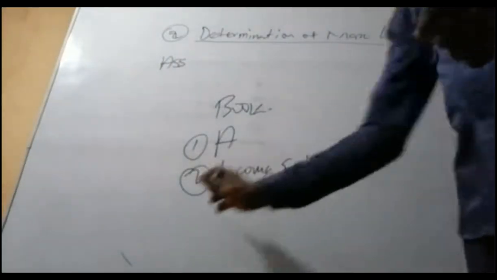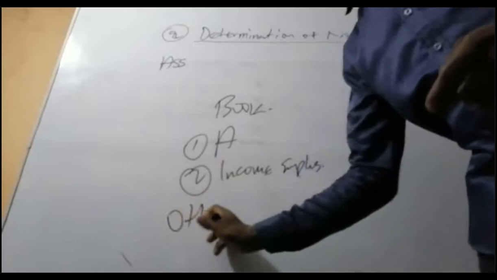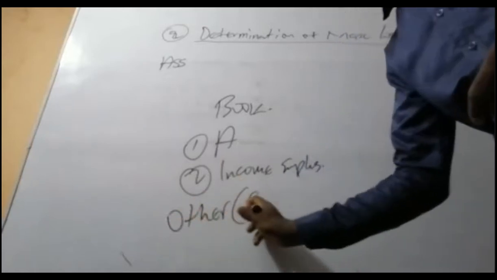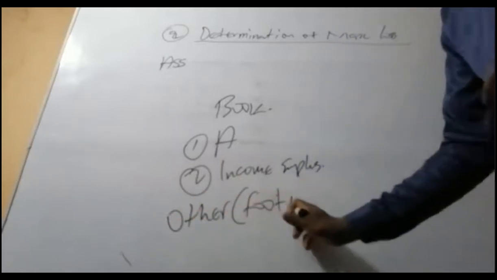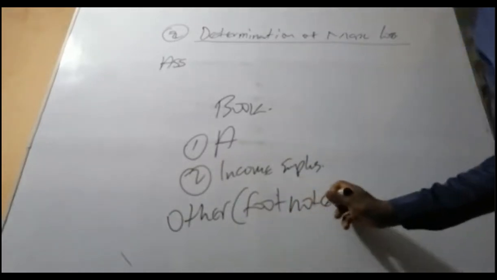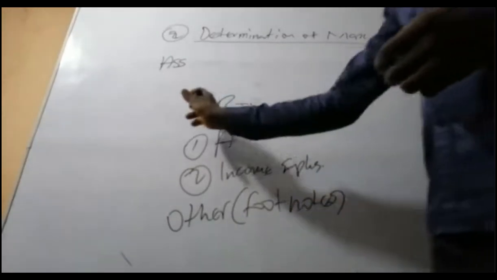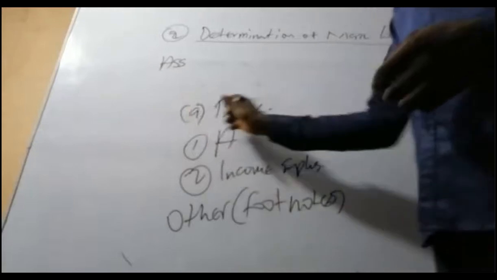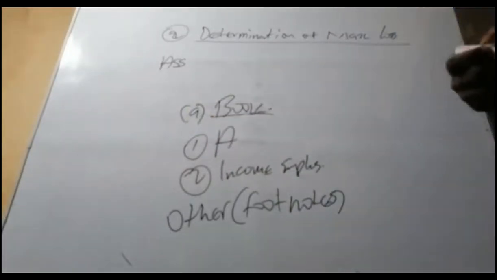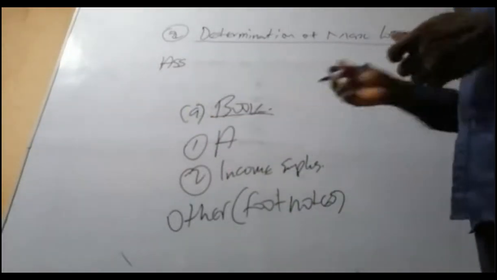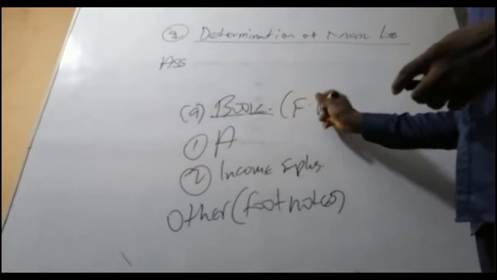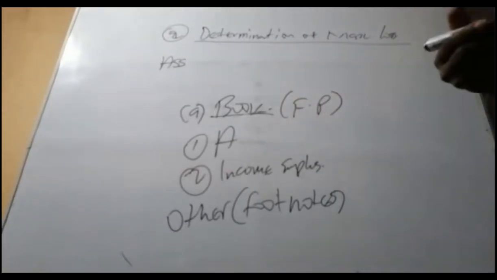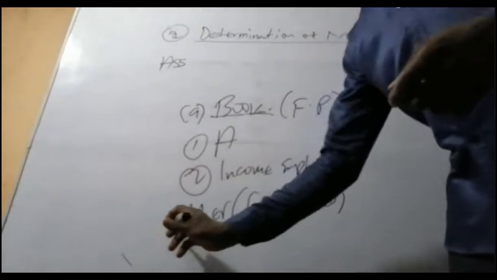Then we have other losses. Other ones, they're in the footnote. So take note that number one, losses coming from the books, that's losses on the financial statement. It's in the financial statement for you. It has been captured. Some of the losses have not been captured. That's B. Where do you see them? Footnote.